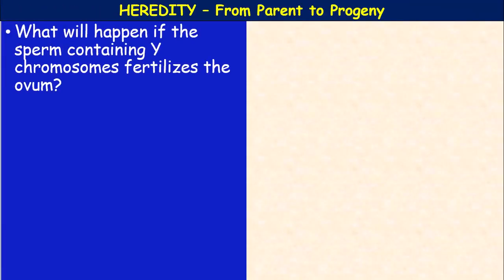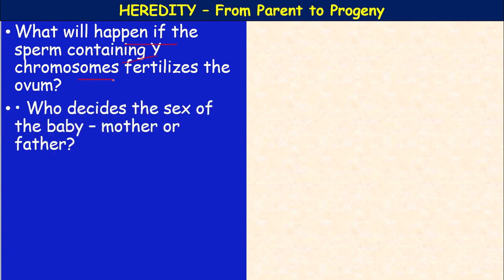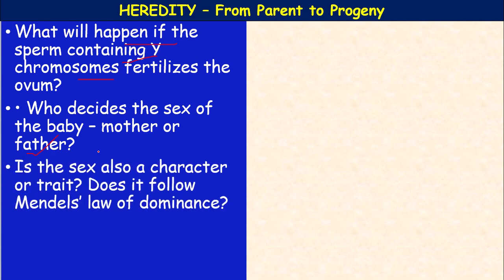So, this thing happens during the fertilization. What will happen if the sperm containing Y chromosome fertilizes the ovum? A baby boy is produced. Then who decides the sex of the baby, mother or father? Now come to the conclusion: it is the father who decides the sex of the baby. So, is sex also a character or a trait?